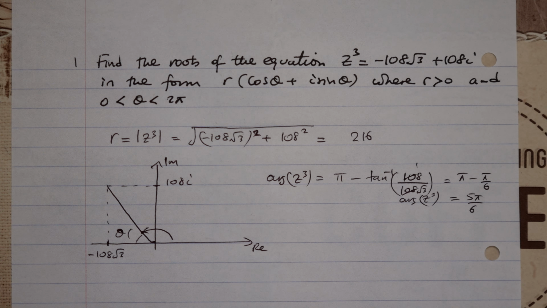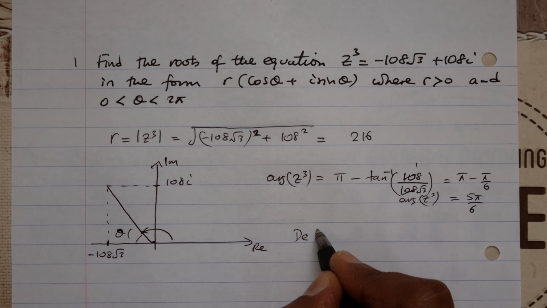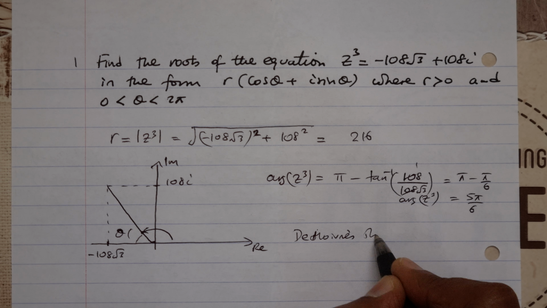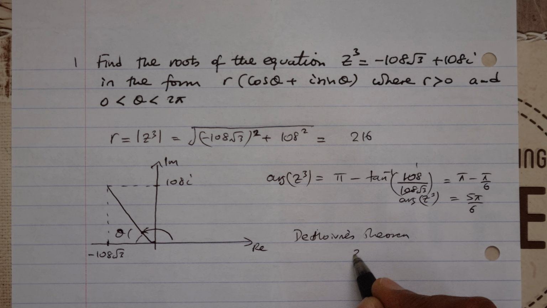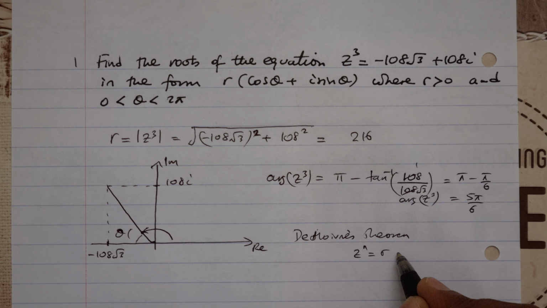And of course, we're going to be using De Moivre's theorem, which says z to the n is equal to r into cos theta plus i sine theta, all to the n.